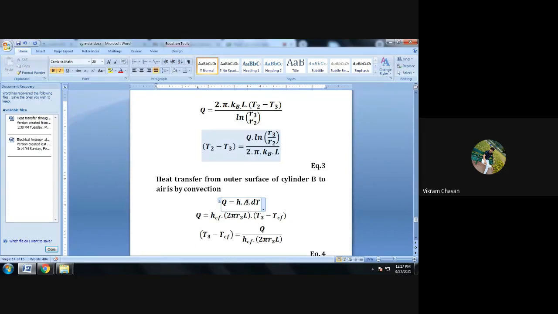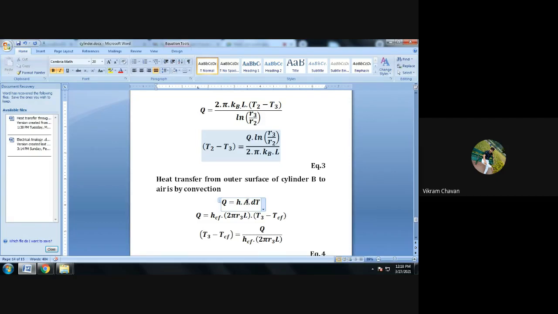For the outer surface of cylinder B, the radius is R3, so the area available for heat transfer will be 2 pi R3 multiplied by L. R3 is the external radius of cylinder B and L is the total length of the cylinder.